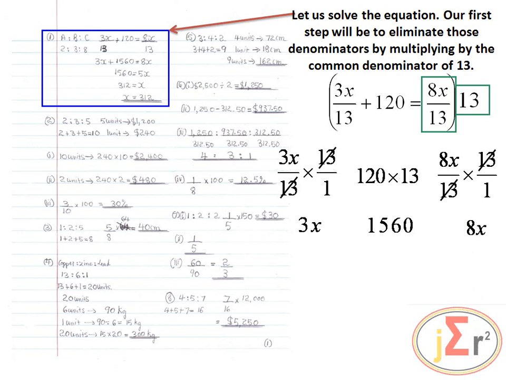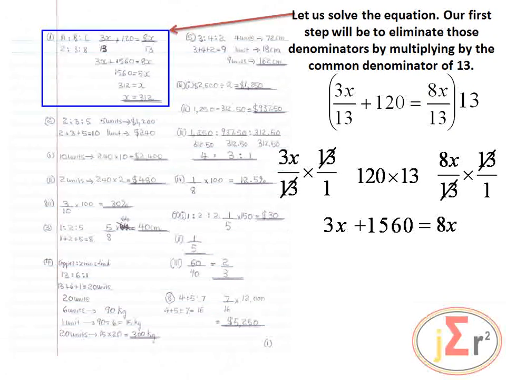And what do we know? We have this plus sign that needs to be replaced here, and we have this equal sign that needs to be placed there. And we need to go further in solving the problem for x.